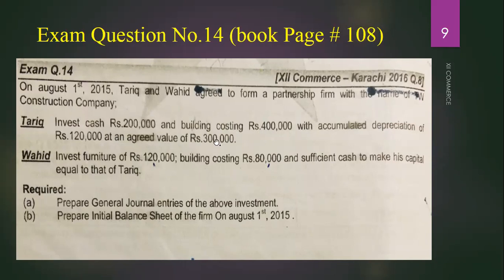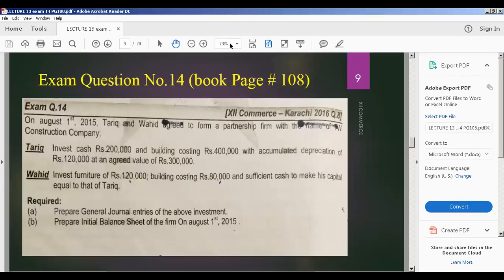What we have done before, we have used the tool and cut down the previous values, this one and this one. We have to cut these two values, and for the building we only record 300,000, which is the agreed value. This is the main strategic part of this question, that we have to only focus on the realizable value and the agreed values.